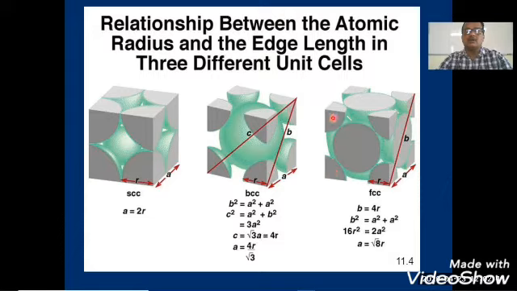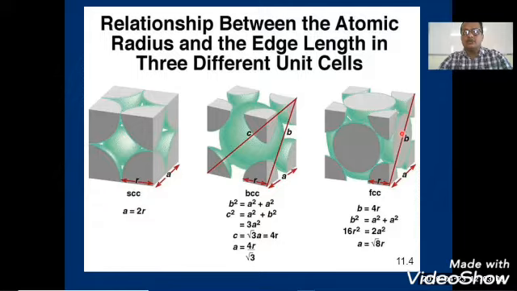This unit at the corner and this unit at the corner, they are not touching each other. But this unit is touching this unit which is at the center of a face, and this unit is touching this unit which is at the corner of the unit cell. So in FCC unit cell, the units touch one another along the face diagonal.